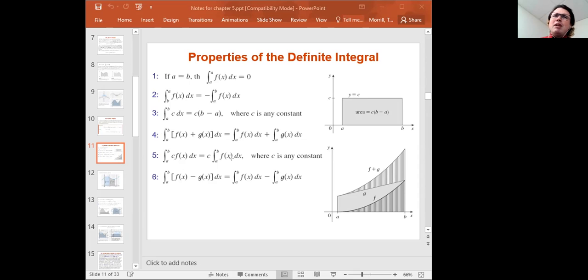So kind of like with derivatives, actually, we can add functions and do the integrals of those things separately. We can multiply a constant onto the function, but we can just factor that outside of the integral. That's not so bad. And we can even go one step further, and we can say that if we are integrating the difference of two functions, that's the same result as the integral of one of the functions minus the integral of the other one.